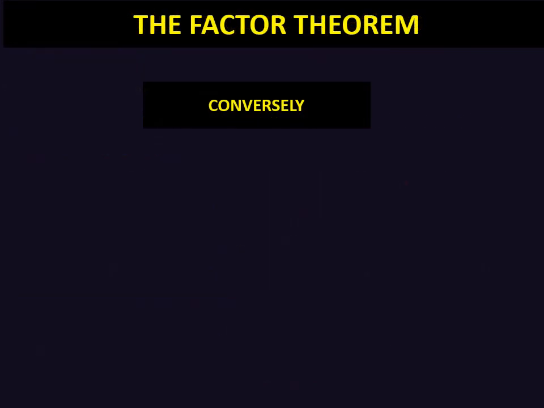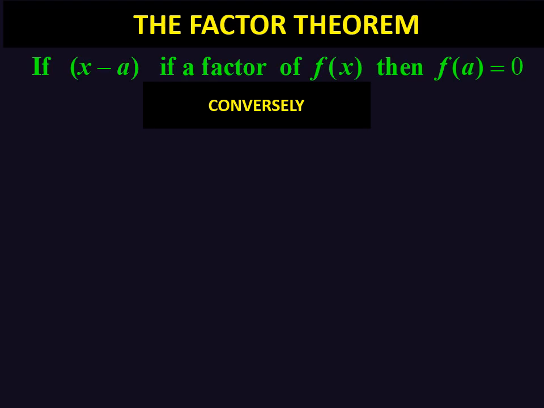Then let's go with the factor theorem again. If x minus a is a factor of f(x), then f(a) would be 0. What does that mean? If I have x minus 3, that means x minus 3 would be a factor. If f(3), in other words, if I have a negative 3, then f(3) would be 0.